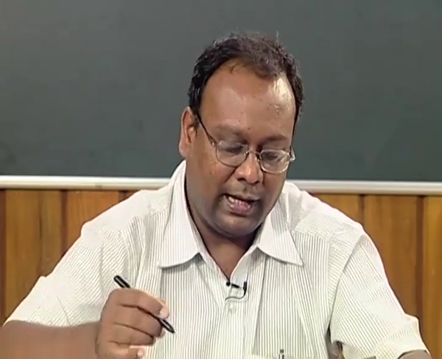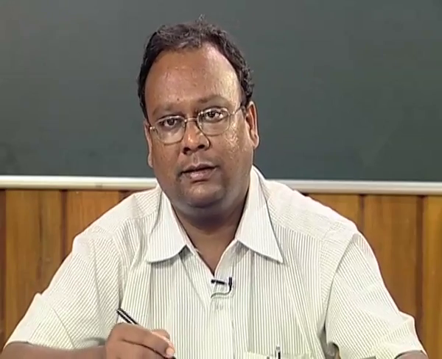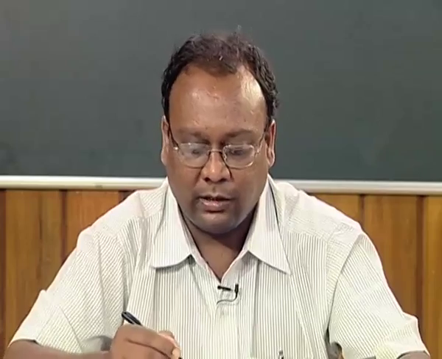And now, comparison of these two figures would immediately tell you that the use of MIBK as solvent is going to kill the economy of the process, because the solvent loss will be almost 3 times the cost of the recovered acetone, and therefore, we cannot afford use of MIBK as a solvent for the process.